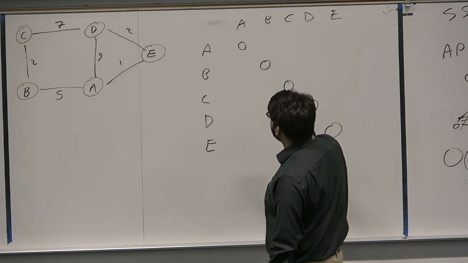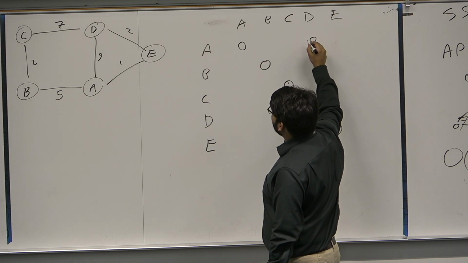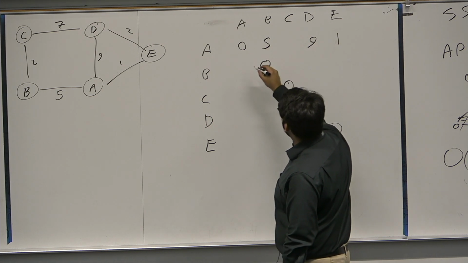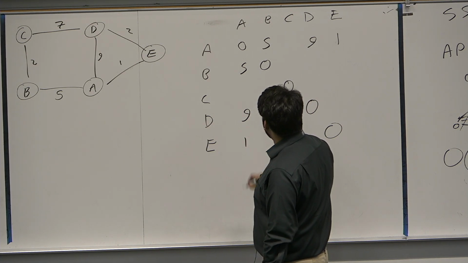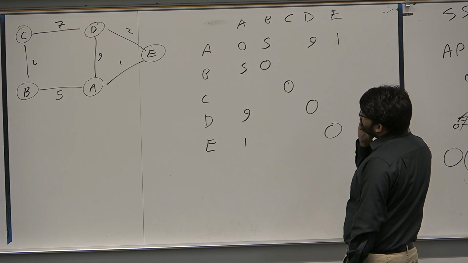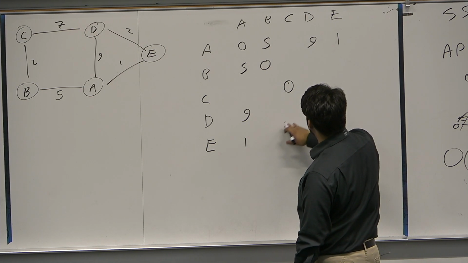A has outgoing edges: A to D is 9, A to B is 5, and A to E is 1. This is also going to be symmetric, because in this special case we're doing an undirected graph, right? The outgoing edge of E is going to be 2 to D. So E to D is 2.